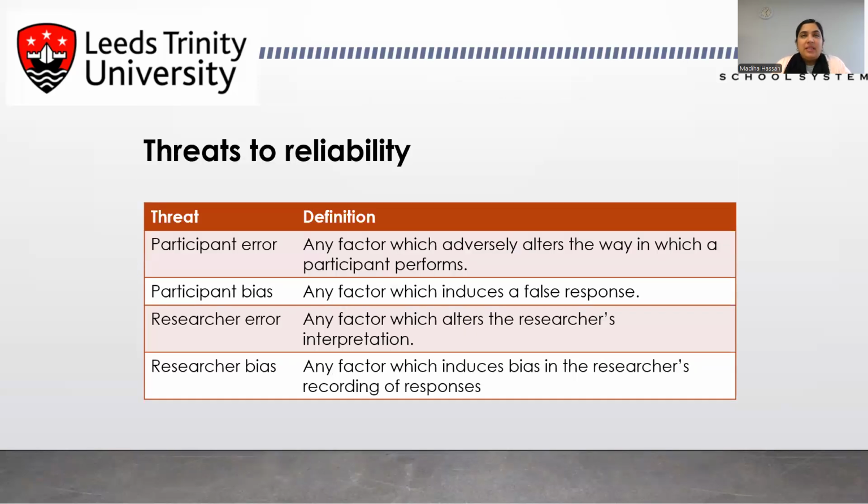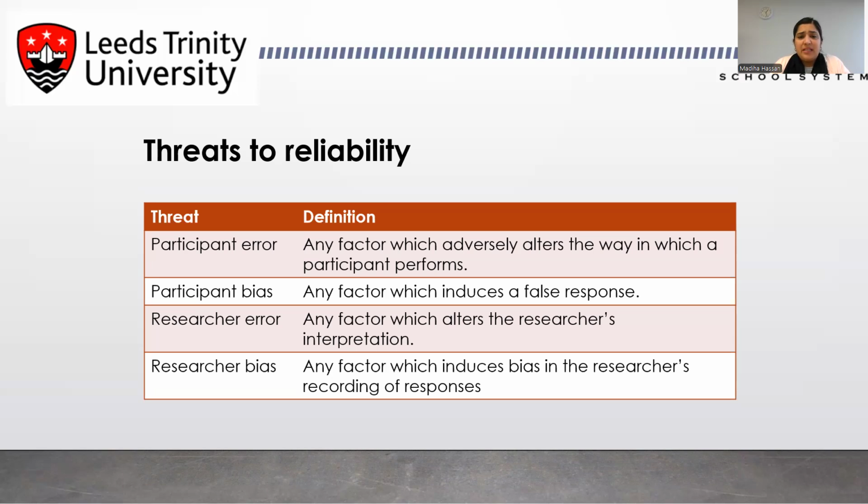Threats to reliability. Why is reliability important in research? Reliability matters in showing whether the research is right or not, and what factors can threaten it. For example, participant error: if a participant is not giving the right answer, or has not understood the question.